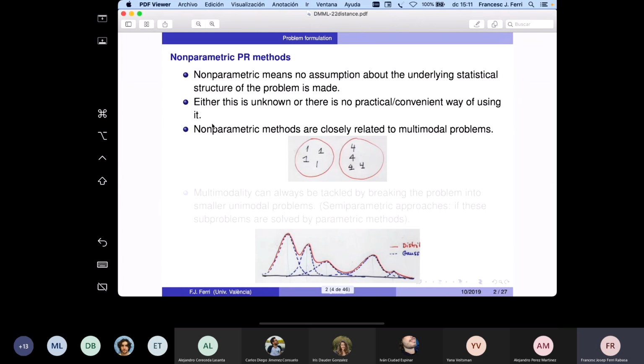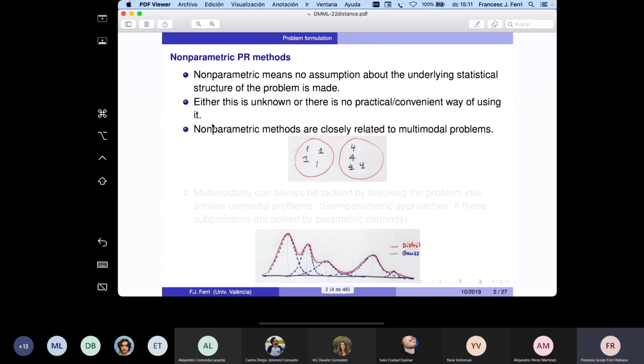Because we start needing too many of them if we have more than one mode. So when our problem is so complex that for a given class we can have different ways of realization of this class.